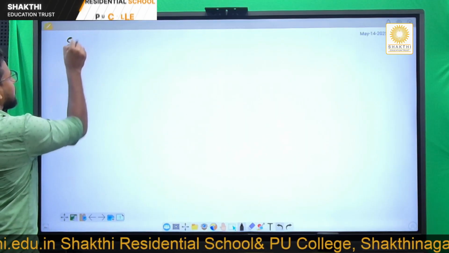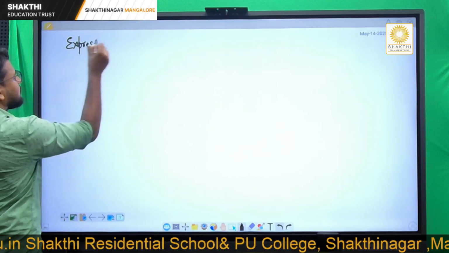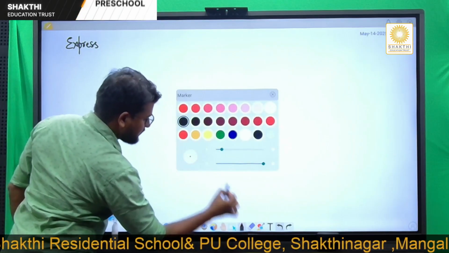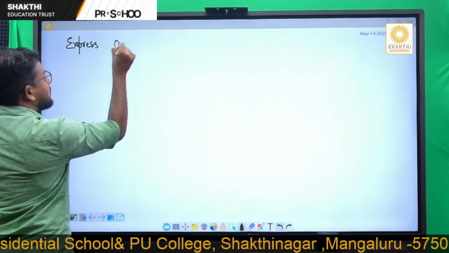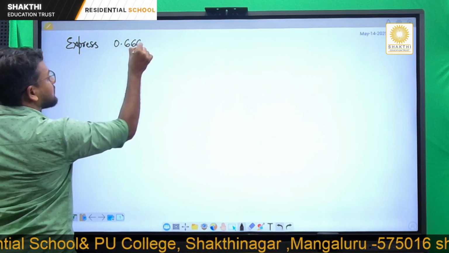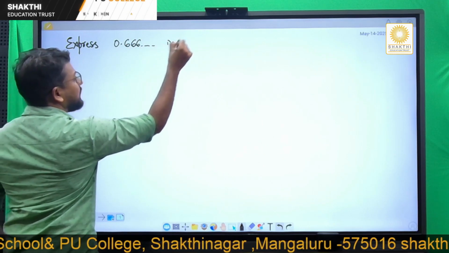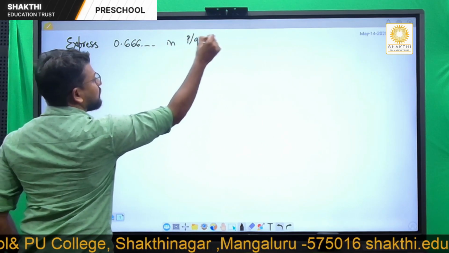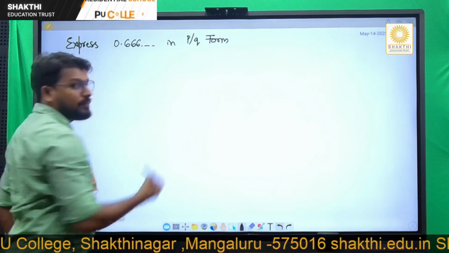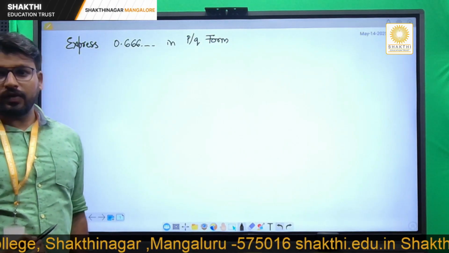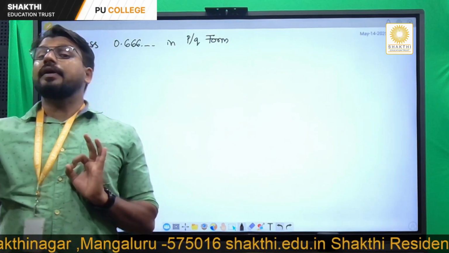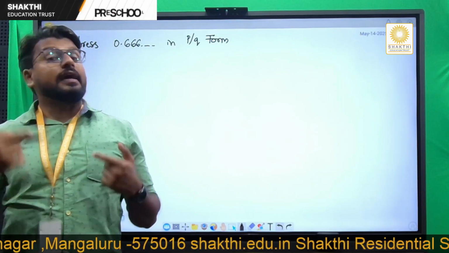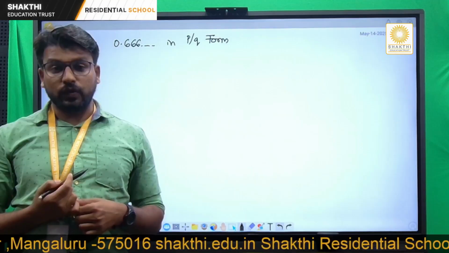Express 0.666666 in P by Q form. They have given you a non-terminating but recurring decimal, and they expect you to write it in the form of P by Q.